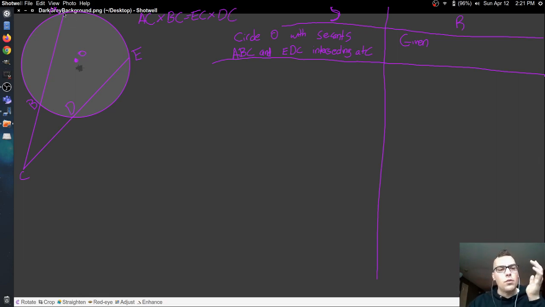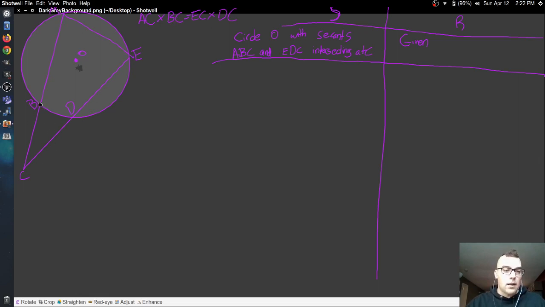In reality, if you look, AC is this big line over here. EC is this big line over here. Now, if you look, I could draw in this line segment here, and those would be two sides of this big triangle. The other two parts I have are BC and DC.